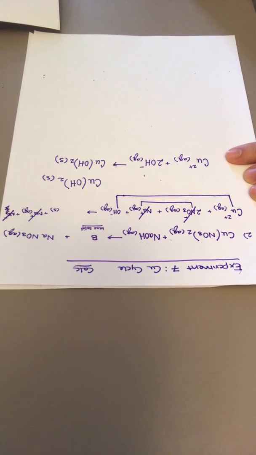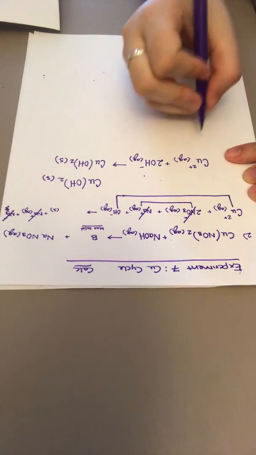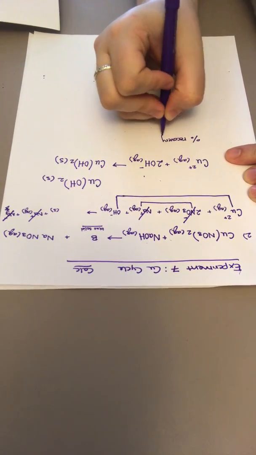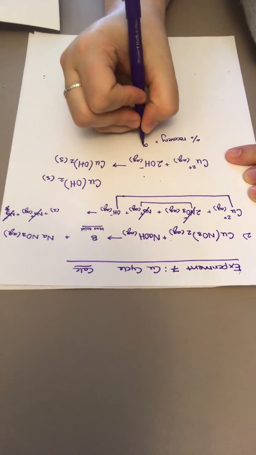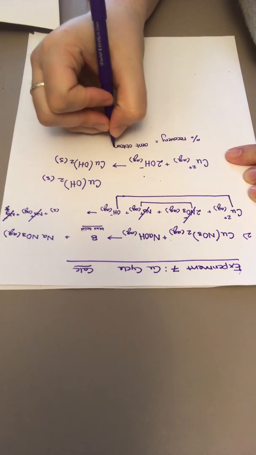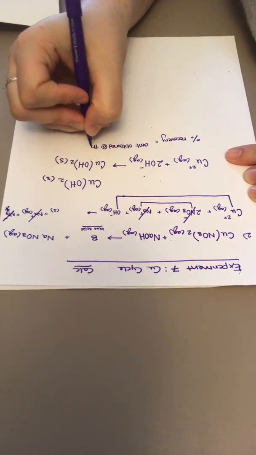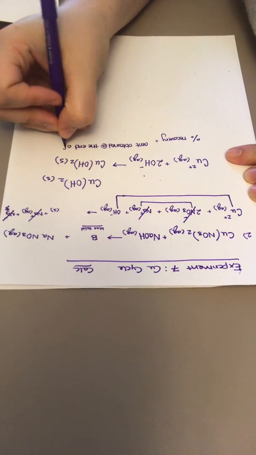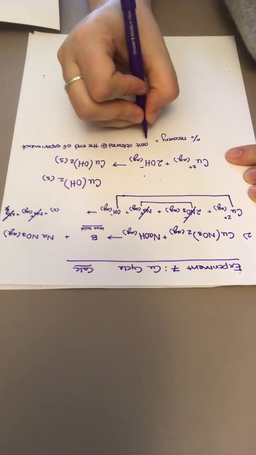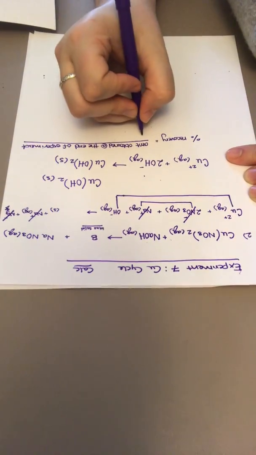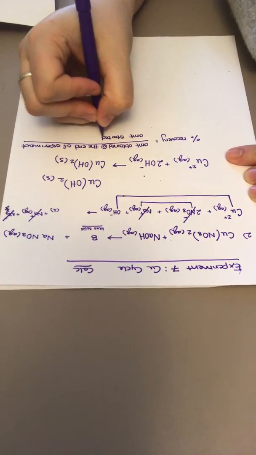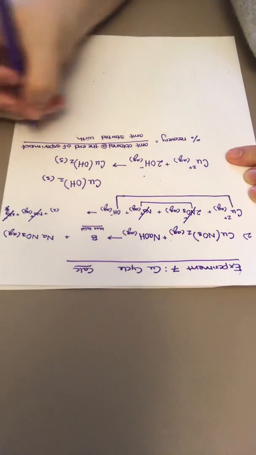Now the other major thing that this experiment tells us to do is the percent recovery. So percent recovery is going to be the amount obtained at the end of the experiment divided by the amount started with, times 100.